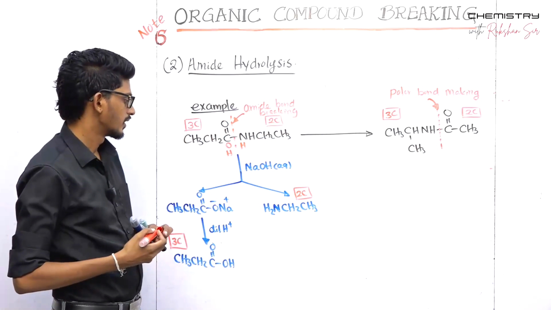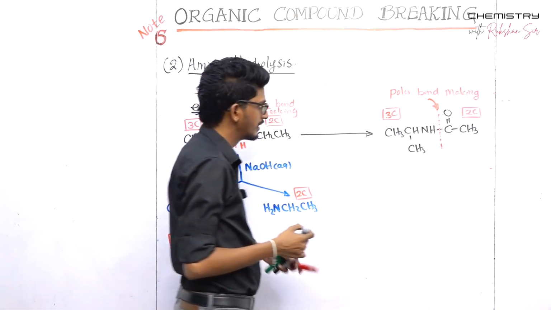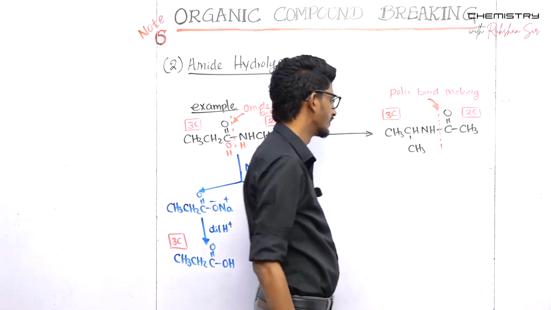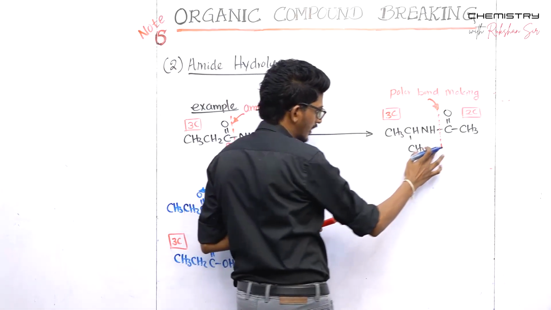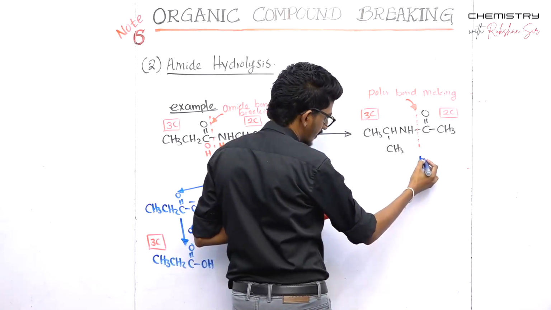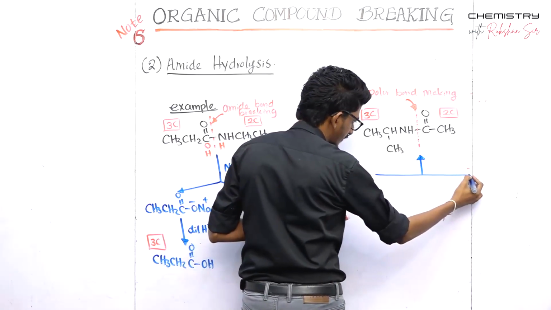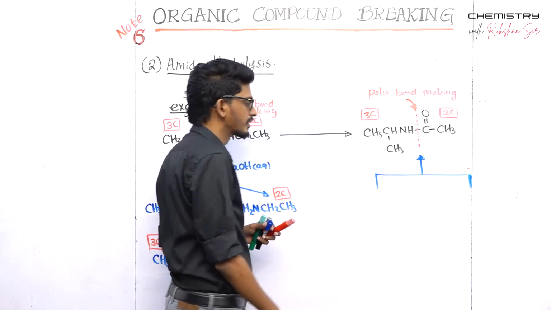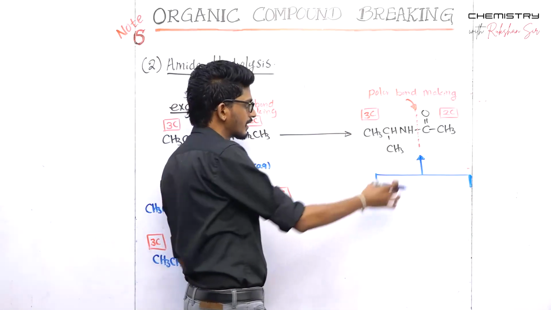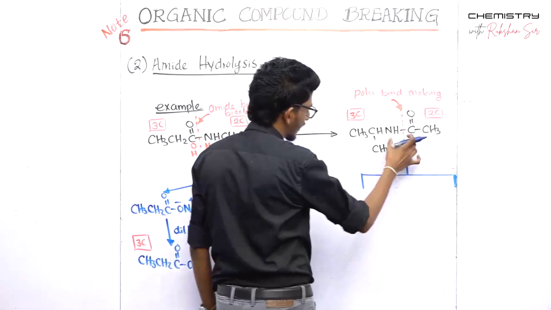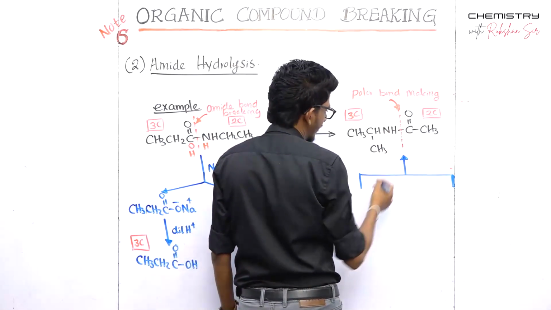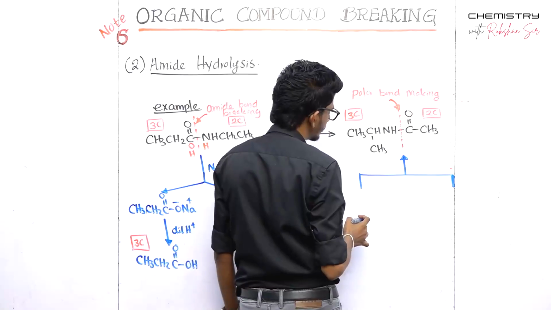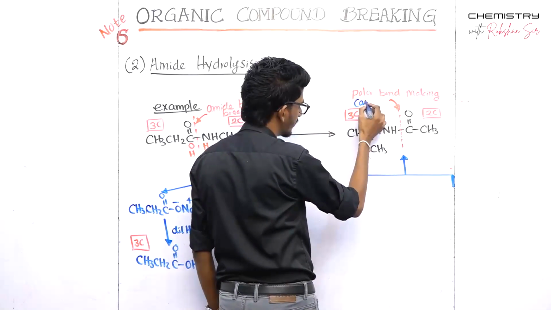When we see this kind of polar bond making, first we can think of the two immediate compounds responsible for making that polar bond. This is an amide bond.